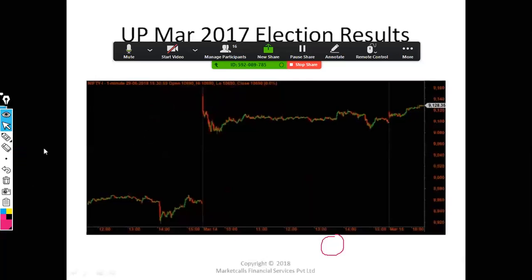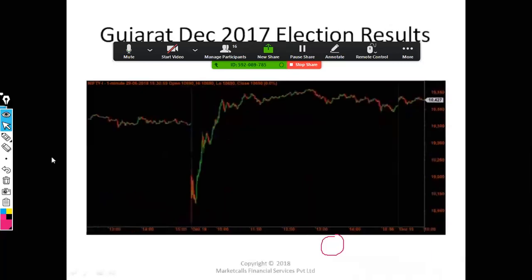Next, I'm going to pull up the Gujarat election results, which is an even bigger one. The gap was almost 400 points down. But think about where exactly the price bottomed out.